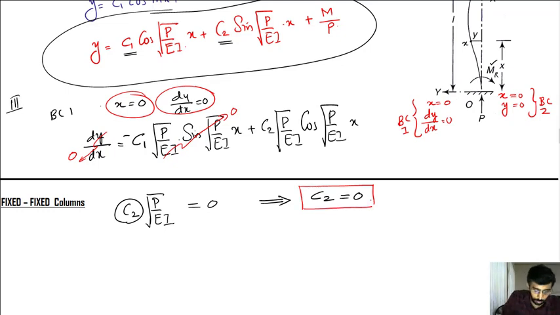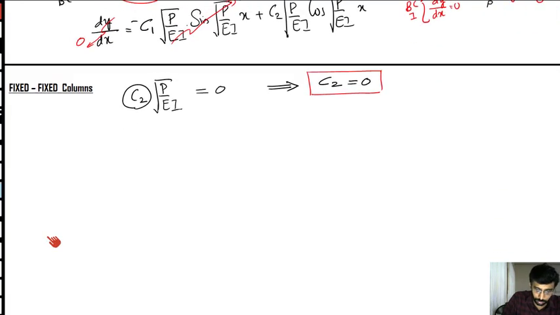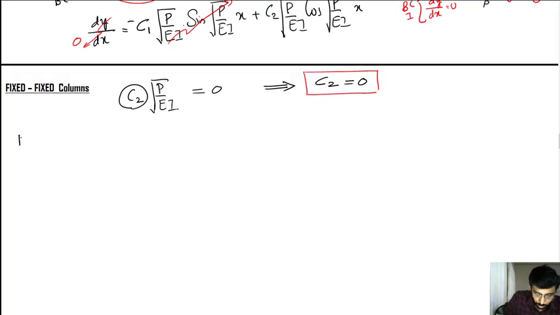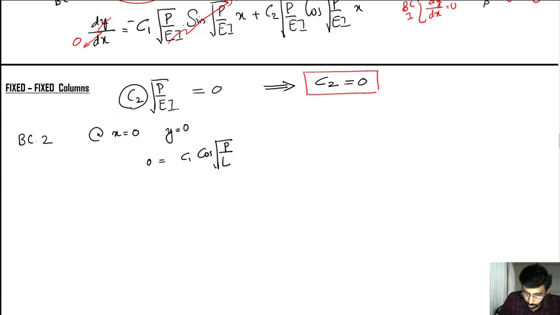Right. Now we will go with the second boundary condition, which states that at x equal to 0, y is equal to 0. So if you substitute into this equation, we can say that 0 is equal to c1 cos of root of p by EI into x, plus c2, which is obviously 0, so that term will go.